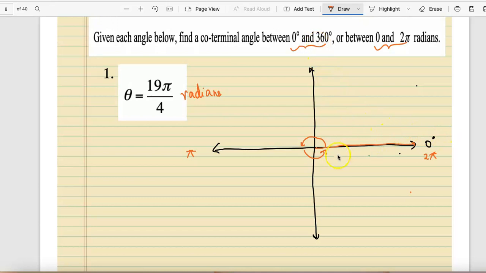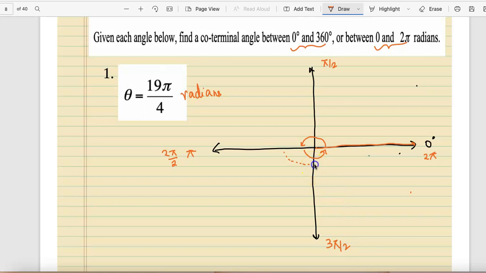Now if this is my 0 radian, that's my pi. What is the half of this? Pi over 2 radian. So this is pi over 2. This will be 2 pi over 2. Now please be mindful, 2 pi over 2, when I cancel out, it's just the same thing, pi. If I keep on going, this part will be 3 pi over 2.